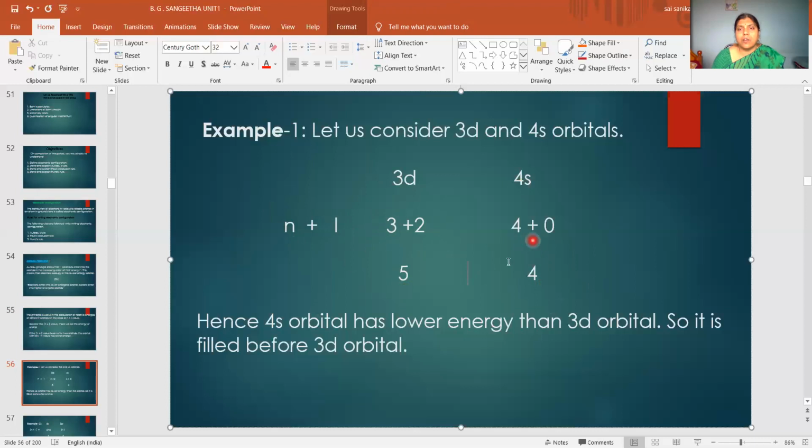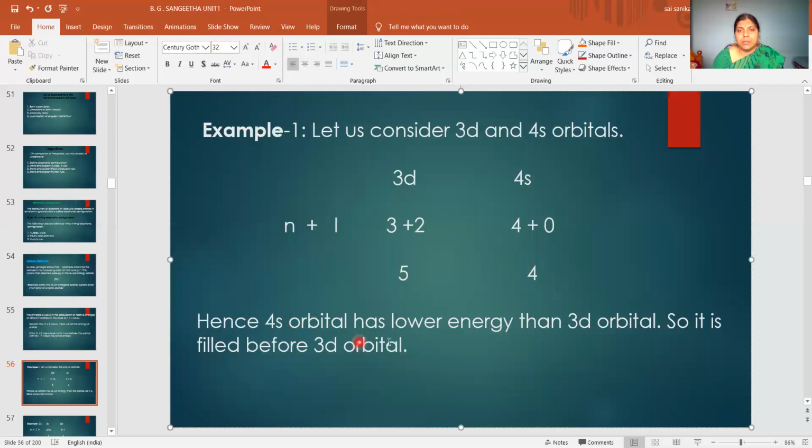So according to the above rule, which orbital is filled first? The orbital which is having less energy. Here n plus L value is less for 4s orbital, so electron will enter 4s orbital first. Then it will go to the 3d orbital.